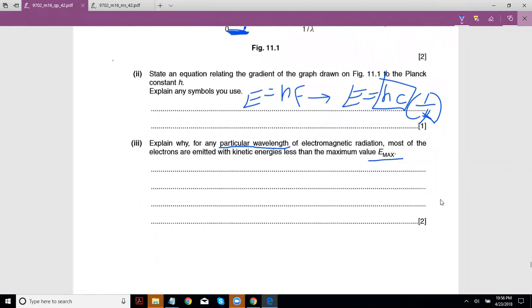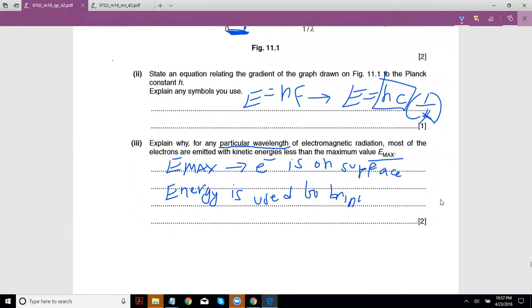E max would happen when the electron is on the surface. If it's on the surface, then all of the energy is used in providing kinetic energy. There is no work function involved. However, that doesn't happen for most electrons, because for most of them some amount of energy is used to bring the electron to the surface.